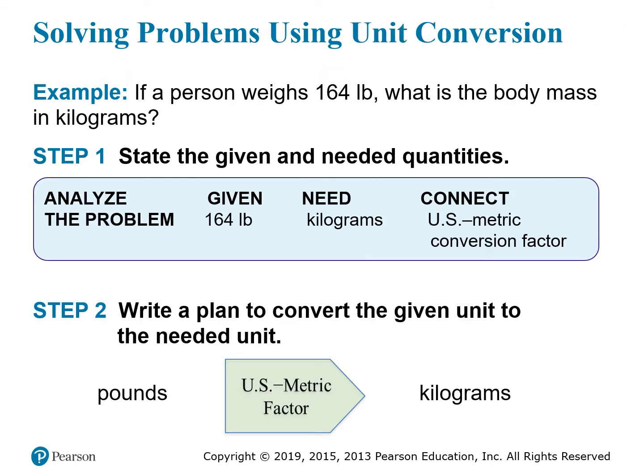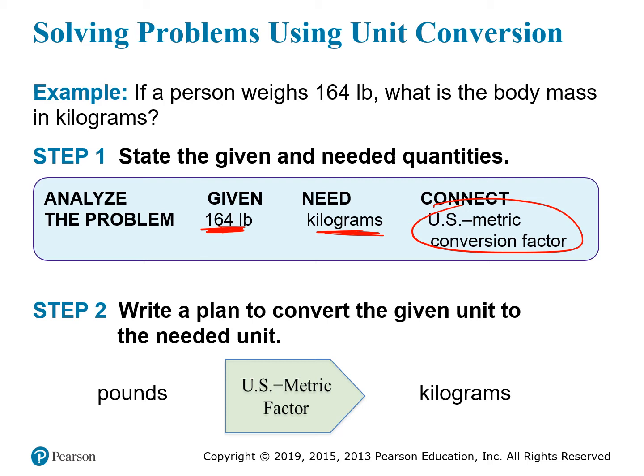Here's another example of converting weight, but this time we're not sticking to the metric system, we're converting from the US system to the metric system. So if a person weighs 164 pounds, what is their body mass in kilograms? Again, the strategy that we need is to identify the unit that we're given, which is pounds, 164 pounds, and the unit that we need, which is kilograms, and then figure out the relationship that relates pounds and kilograms.